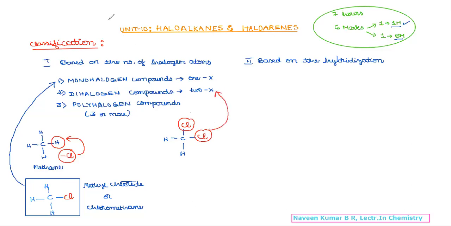If we observe the name of the compound, it is again the methyl group as the alkyl group. As there are two chlorine atoms, it is methyl dichloride, or dichloromethane.